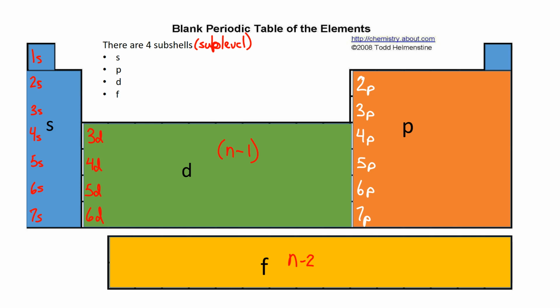So technically this is period 1, 2, 3, 4, 5, 6, 7. Remember that this F block is actually on periods 6 and 7. So it's n minus 2. So this is going to be 4F, and this is going to be 5F. And that's where we can get up to 32 electrons in periods 4 and 5.